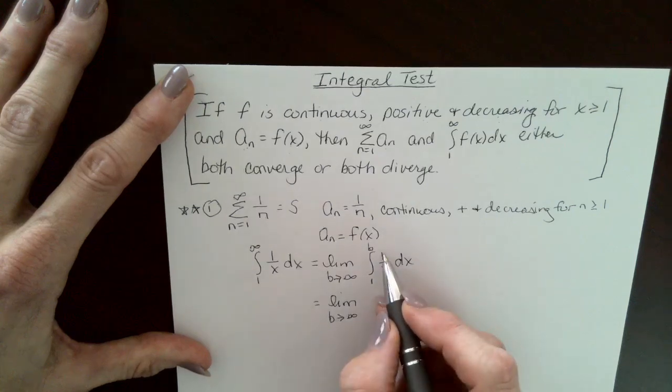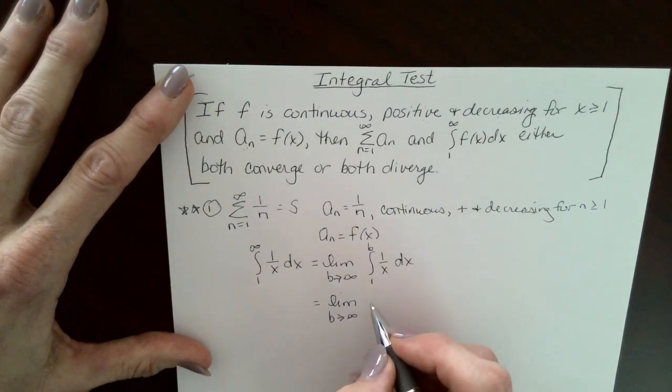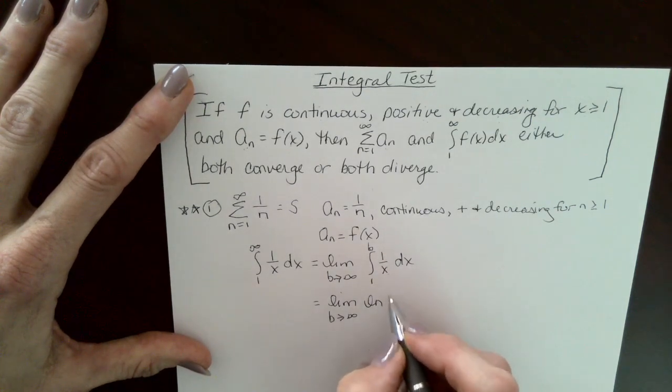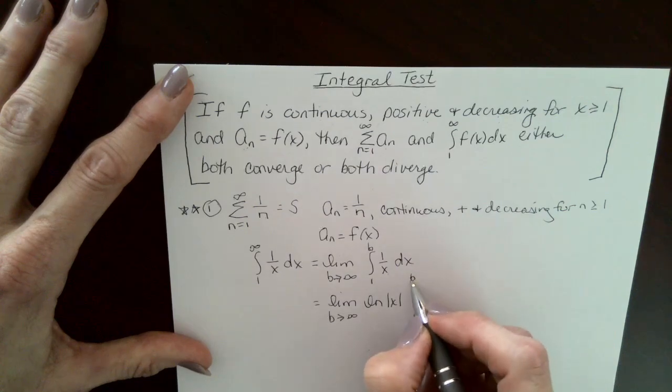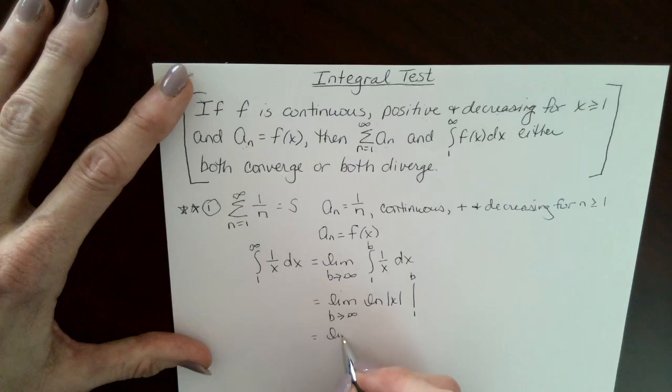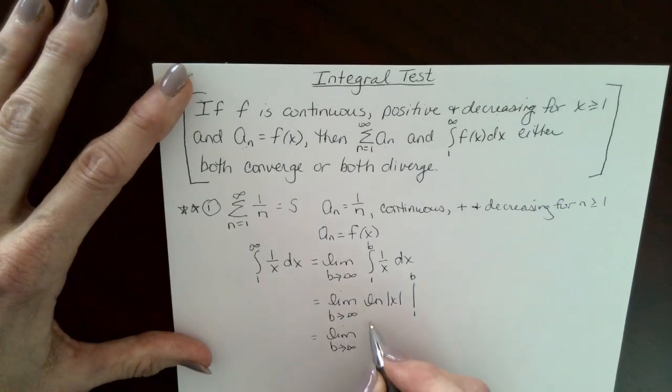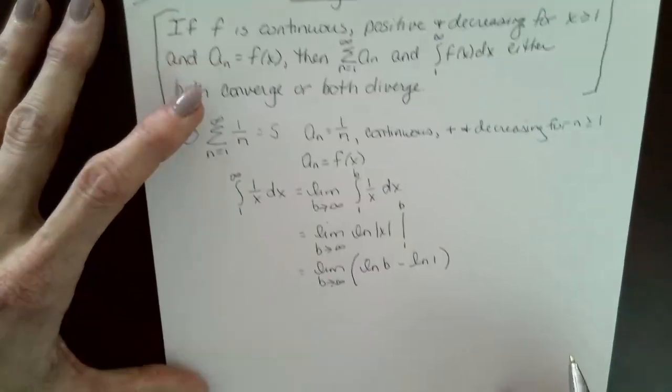All right, so what's the integral of 1 over x? ln, absolute value of x, and you're evaluating that from 1 to b, equals the limit as b goes to infinity of ln of b minus ln of 1. Now you can drop your limit.